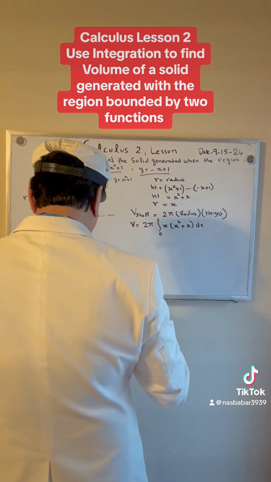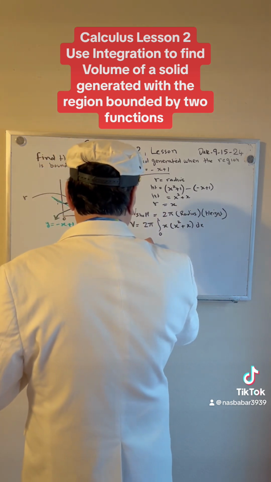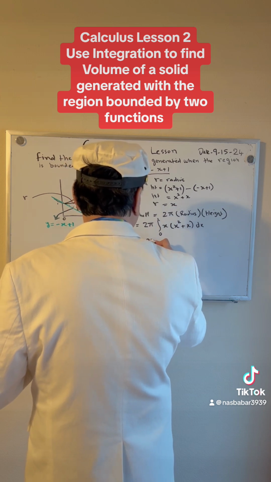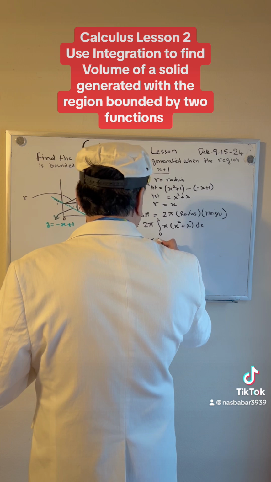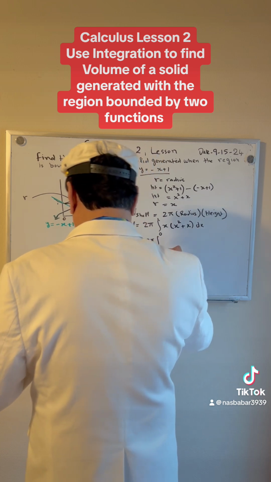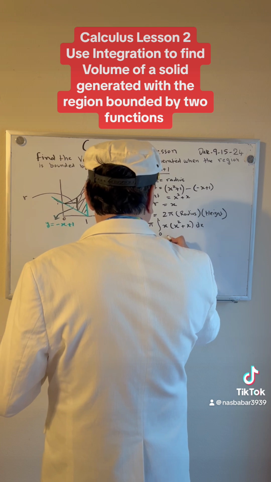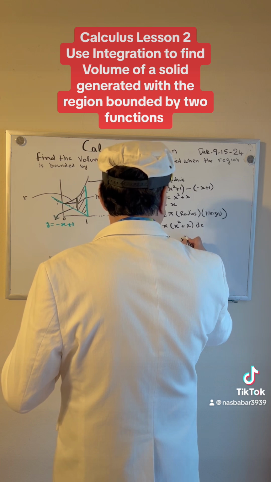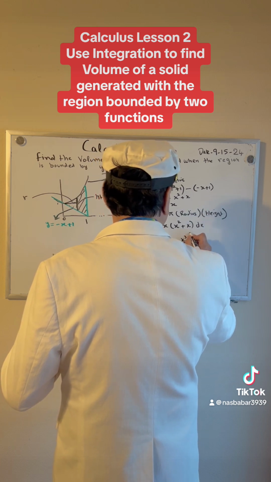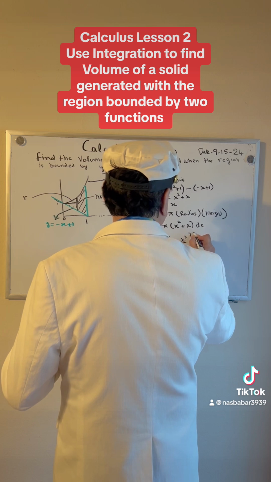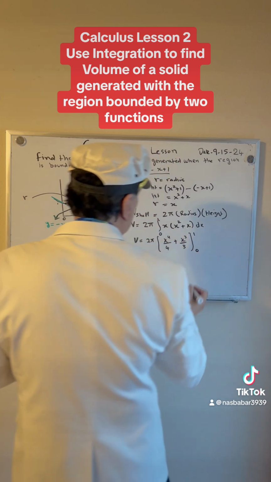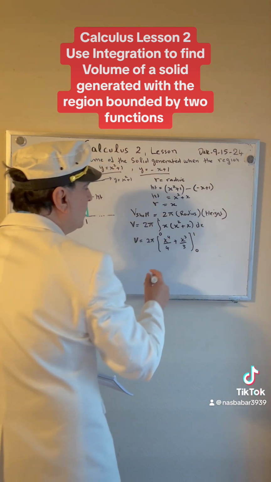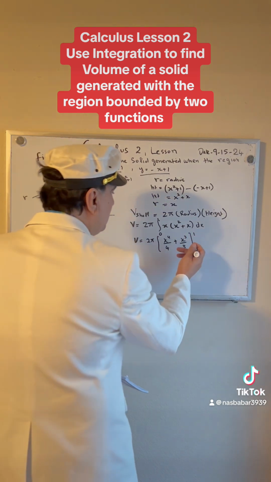All right. So now the next step is V is equal to, we go ahead and apply integration. Once we apply the integration, we get x to the 4 over 4 plus x cubed over 3, and you have to evaluate from 0 to 1. So first you plug in the value of 1 for x, minus, then you plug in the value of 0.